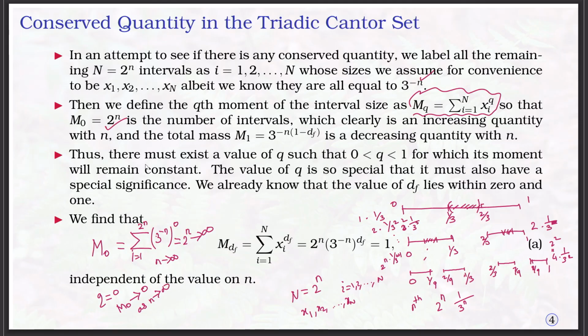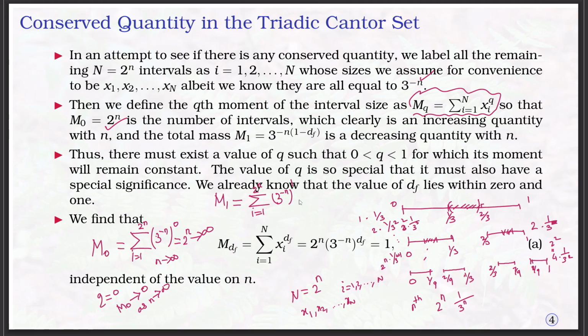Now, we will find m1, that means the total mass, the sum of everything. m1 we define as the sum of i equal to 1 to 2 power n of 3 power minus n, power 1, because we are finding the first moment.